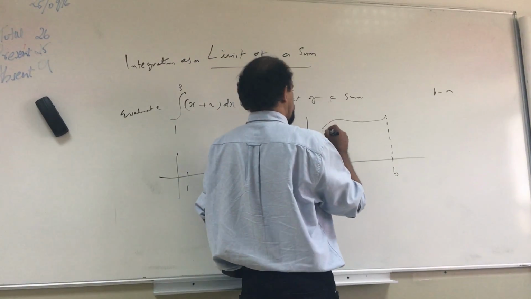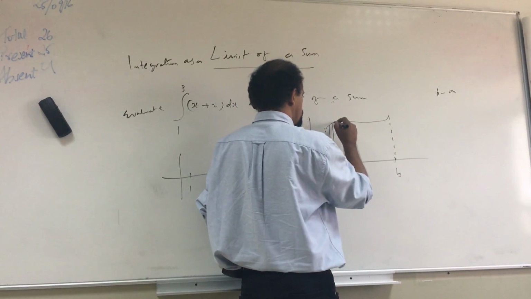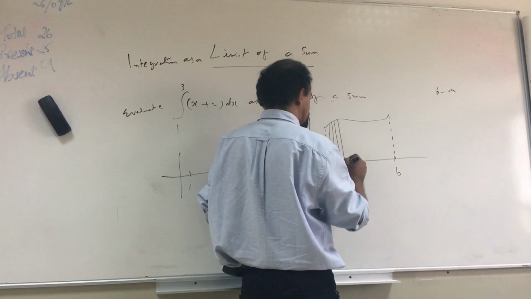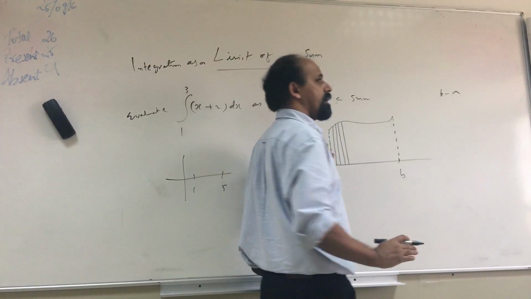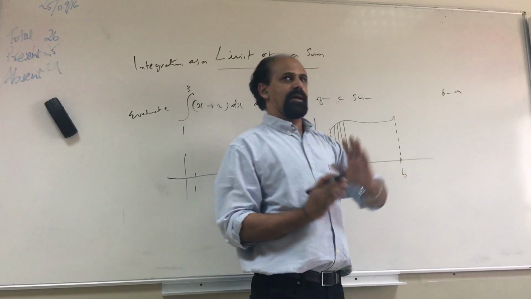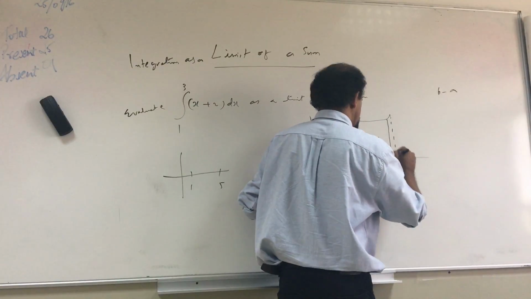Now what exactly we do is we divide this portion into rectangles. We'll be making n rectangles, up to the last one.